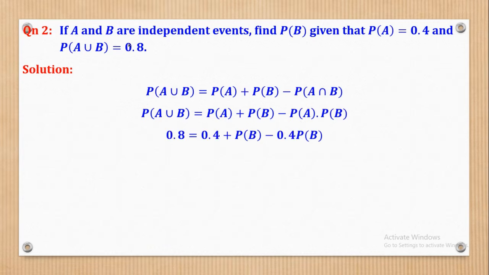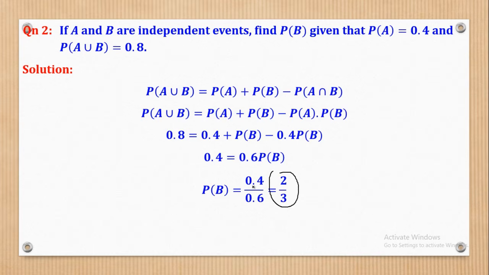Then from there, I remember what I was given: the probability of A union B is 0.8 and the probability of A is 0.4. So I realized that I have only one unknown, which is the probability of B. My aim is to look for a way of making it the subject. When I make it the subject, it becomes 2/3, and that will be the probability they wanted.